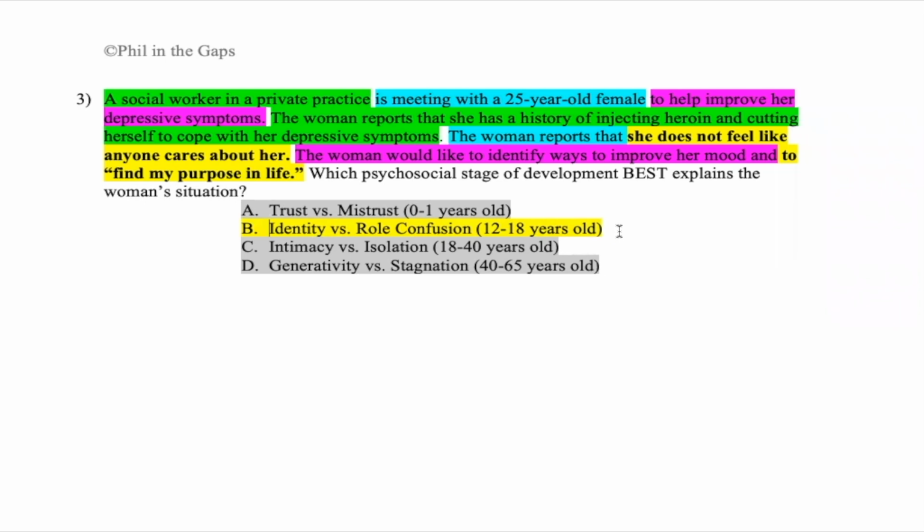And D is incorrect because she has no idea where she wants to go. So in order to have generativity versus stagnation, she must either be generating enough or feeling like she's stagnant and not accomplishing enough for her situation. So the correct answer here is B, identity versus role confusion. So that's how we look at that question in particular.